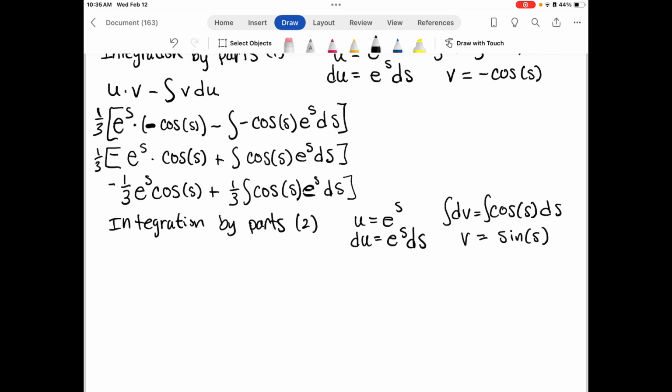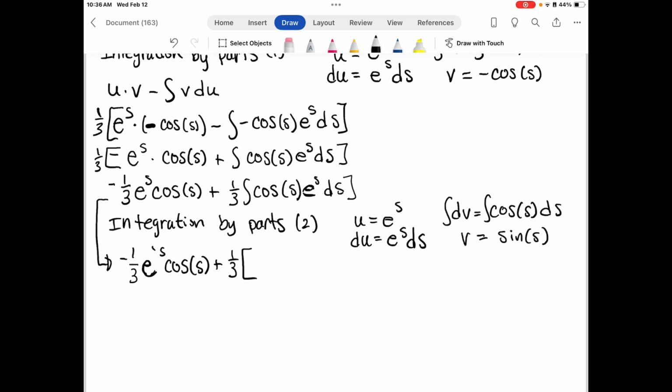Now when I rewrite this, I'm going to carry this down. So I have negative 1/3 e to the s cosine s plus 1/3, and then inside here we're going to do integration by parts a second time.